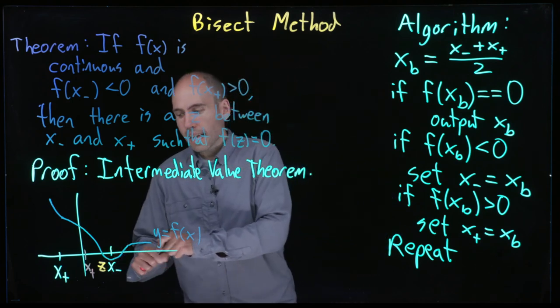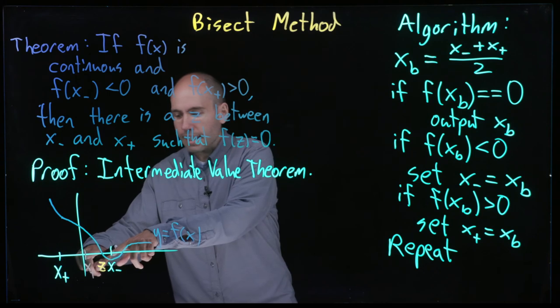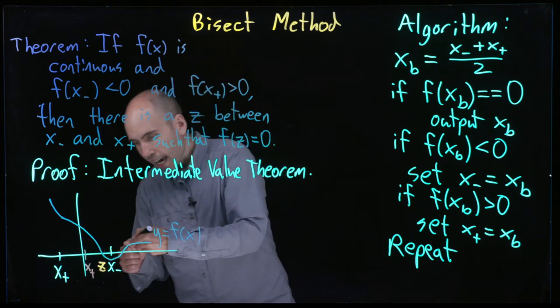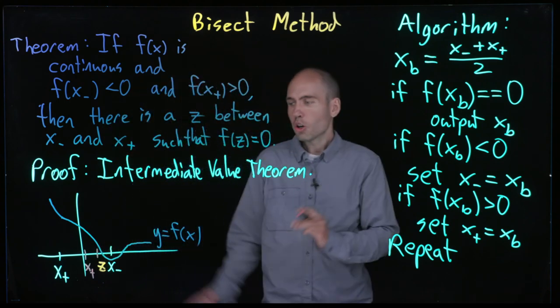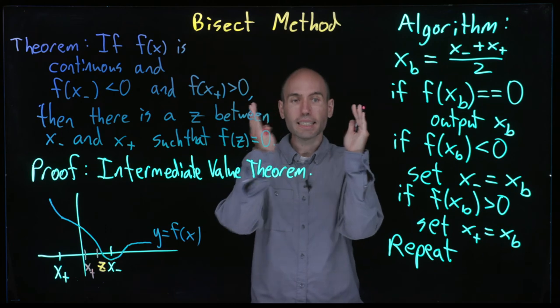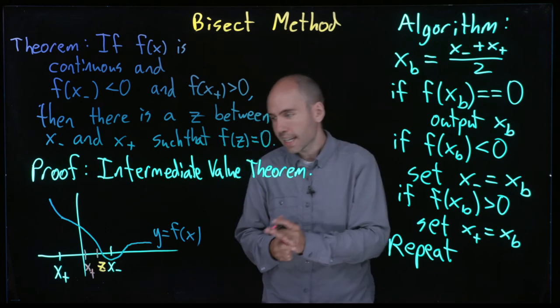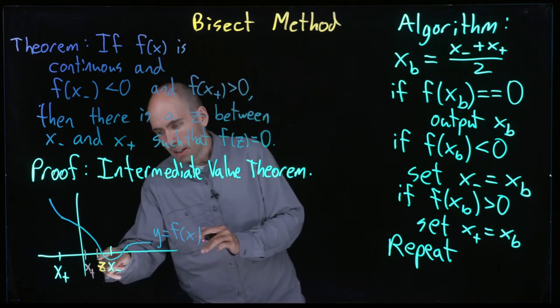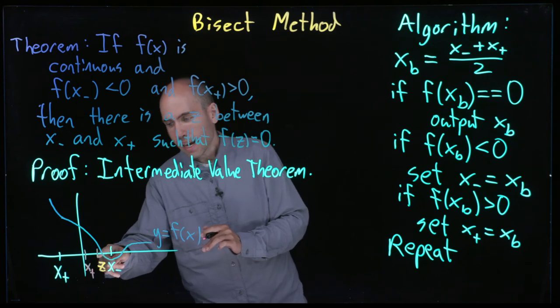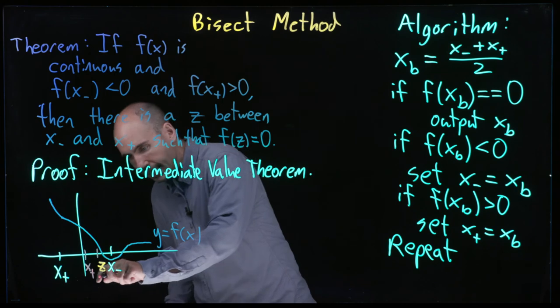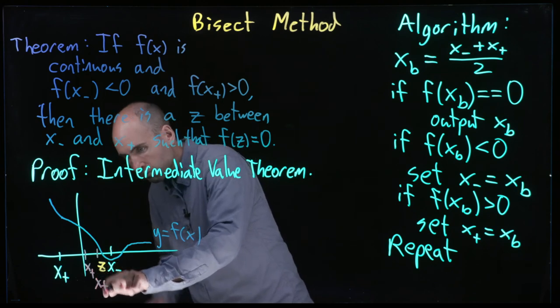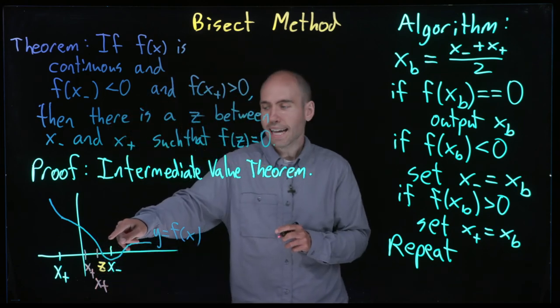What does that mean? I divide this smaller interval in half. The reason this is a good algorithm is because we keep getting closer and closer to the 0, or at least a smaller and smaller interval that contains the 0. So this would be my new x bisect. Should this replace x positive or x negative? Should replace x positive again, because the graph is above the x-axis here.